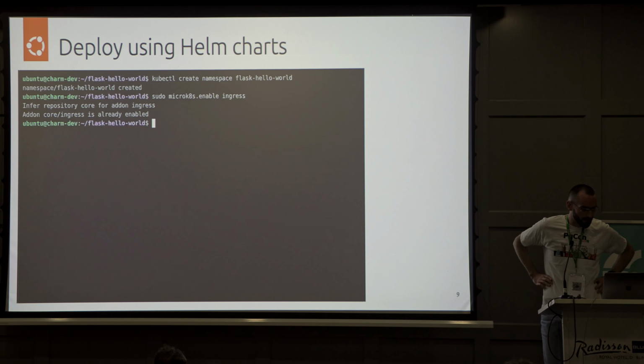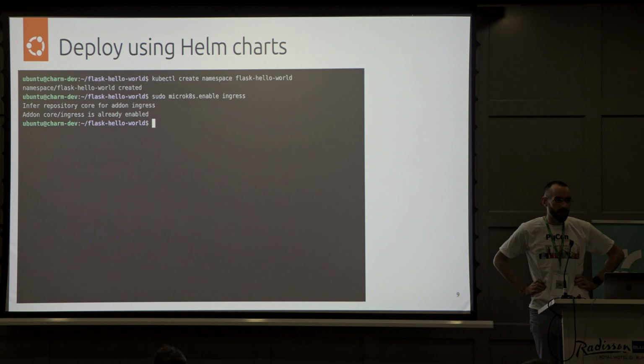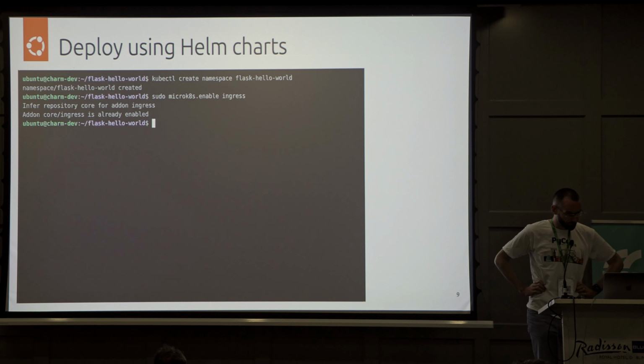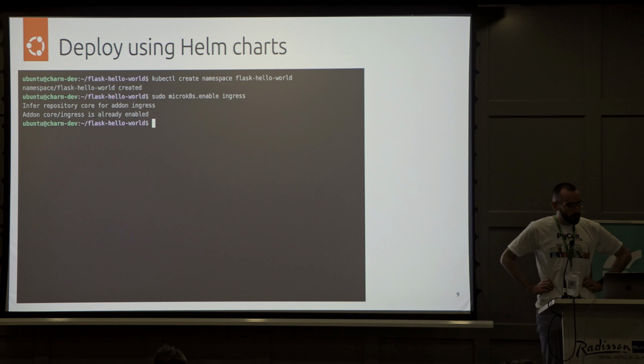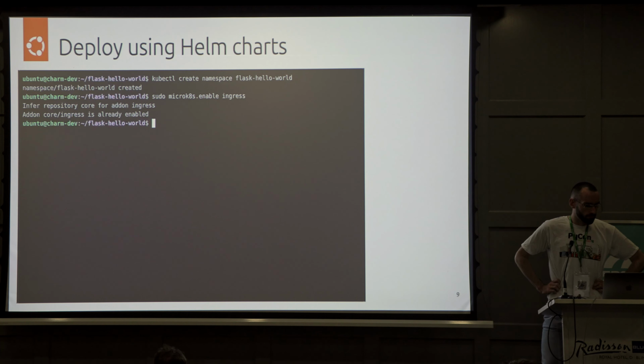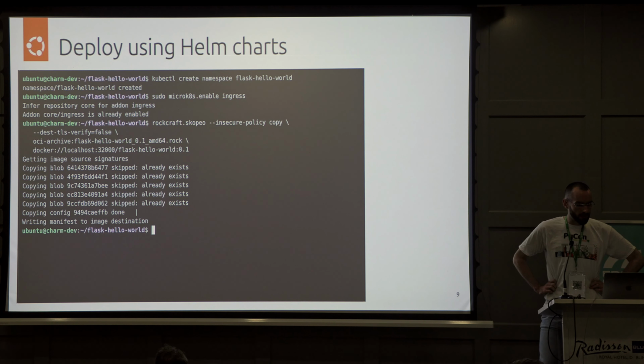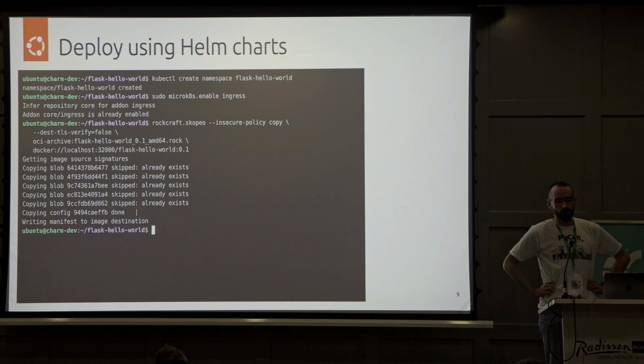We enable ingress because we want to expose the application so we don't have to curl the container directly. And then we have to upload the OCI image to the microK8s registry because obviously it was previously only uploaded to Docker. So the microK8s registry needs it so that it can run it.